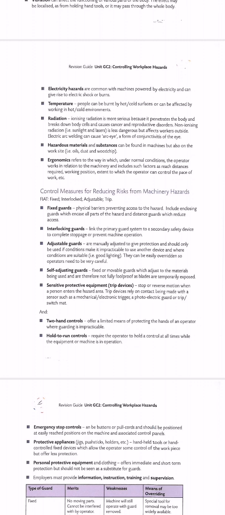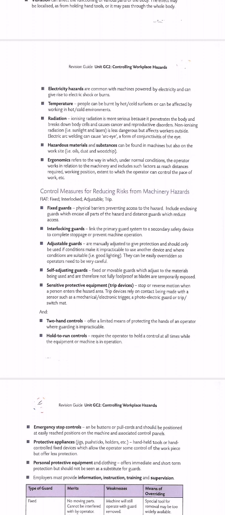Then point number five, you have to put sensitive protective equipment, like if the equipment slips, it will lead to a trip that stops it. Then another one is the two-hand control. This is often a means of protecting the hands of the operator while guarding against impacts, right? This is all self-explanatory.